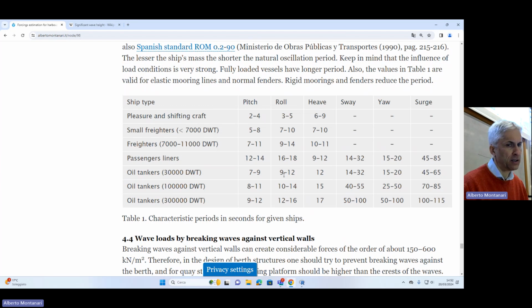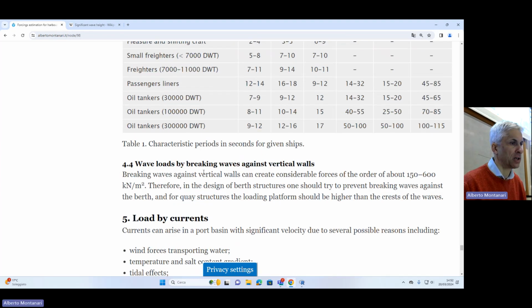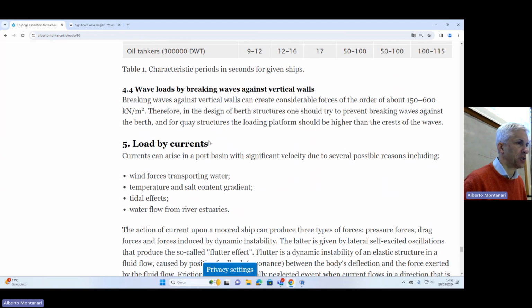This is to give you an idea of what are the characteristic periods of given vessels and therefore what are the wave periods you should be concerned of, depending on the ships that you are planning to host. Okay, here there is a small section just for your information, wave loads by breaking waves against vertical walls, and this is the order of magnitude of the pressure, and it's about from 150 to 600 kilonewton per square meter.